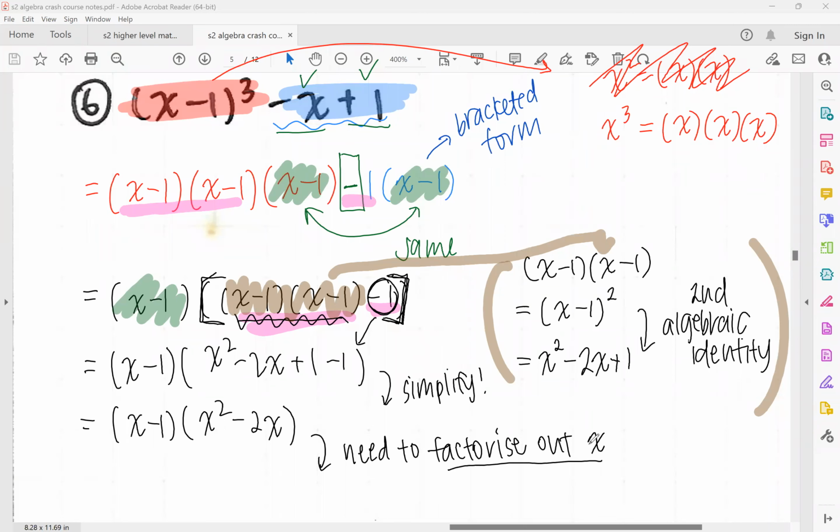So guys, please listen now. When you factorize out the x, where shall we put the x now? So at the end of the day, what's my final answer? If I need to factorize out my x.